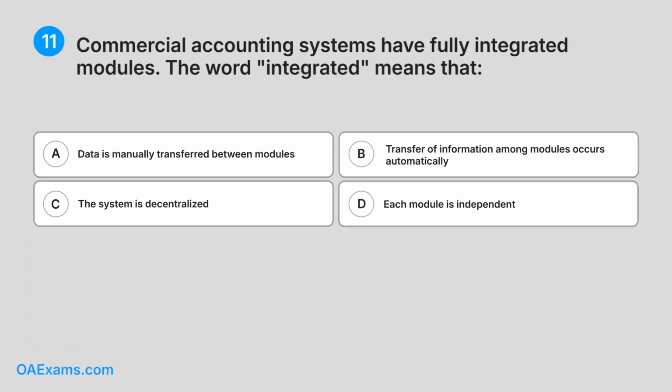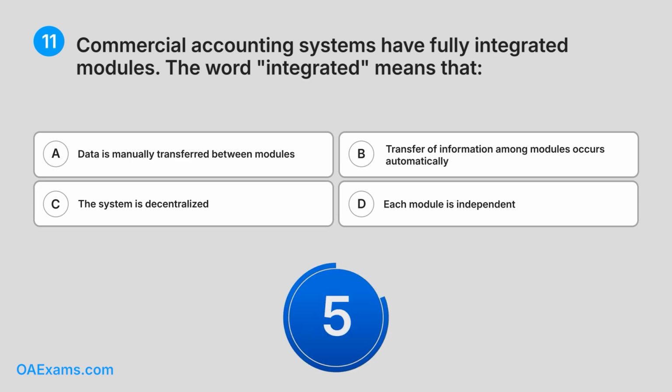11. Commercial accounting systems have fully integrated modules. The word integrated means that: A. Data is manually transferred between modules. B. Transfer of information among modules occurs automatically. C. The system is decentralized. D. Each module is independent.